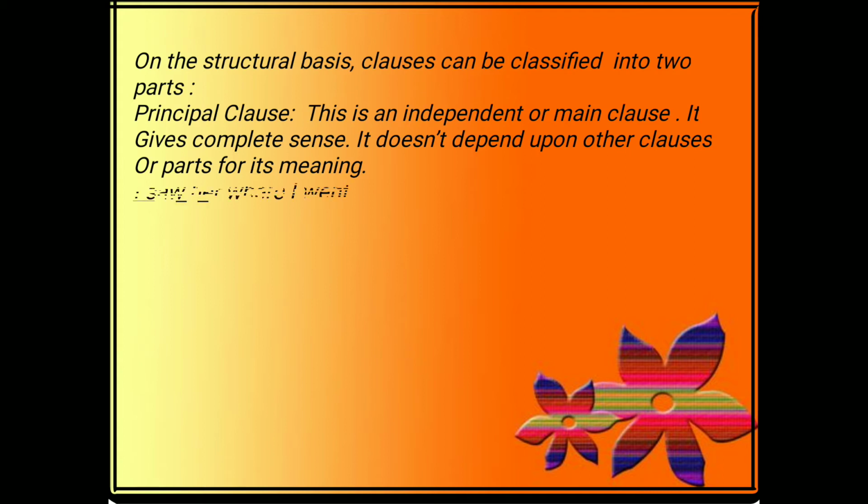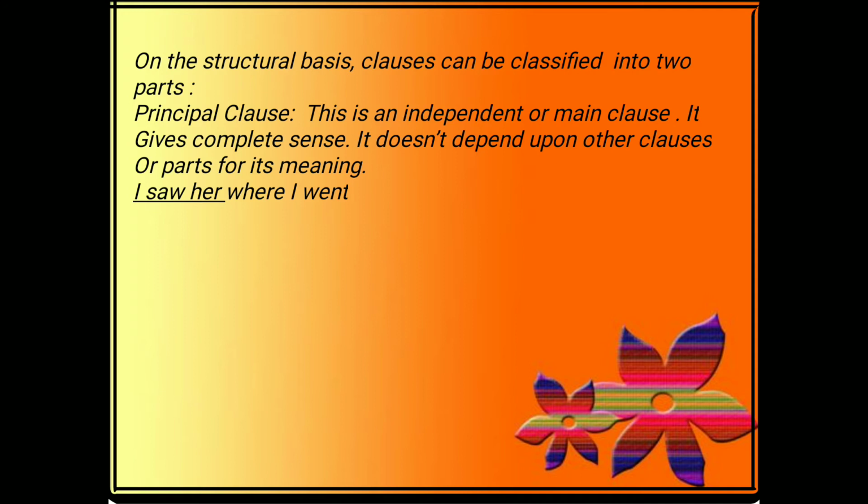Okay, now we will read the examples. I have written here, I saw her where I went. So here the underlined clause is I saw her. This is your principal clause. So first of all, how will you get to know whether it is the main clause, principal clause, or the subordinate clause?